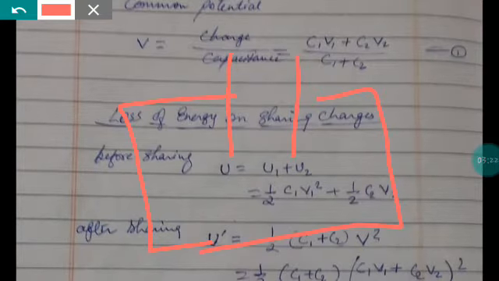Suppose we have a capacitor, and if it is charged it will store some energy. This combination is a battery. We have the formula of stored energy of a capacitor.